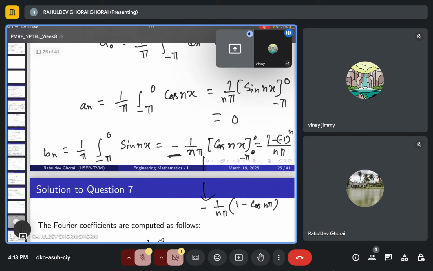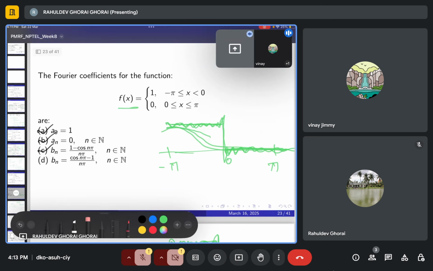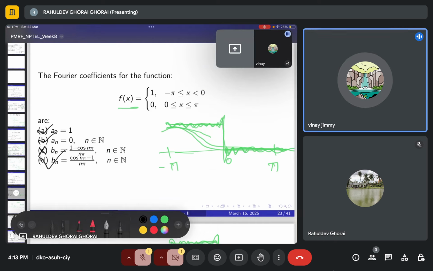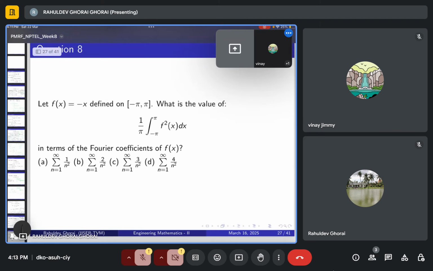So the total answer will be cos n pi minus 1 over n pi. So D is correct, not B. A, B, D. This D is b n. Yes. Another interesting question, I guess.